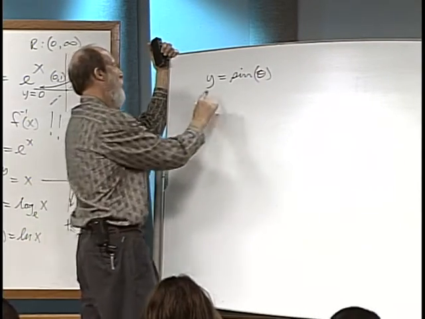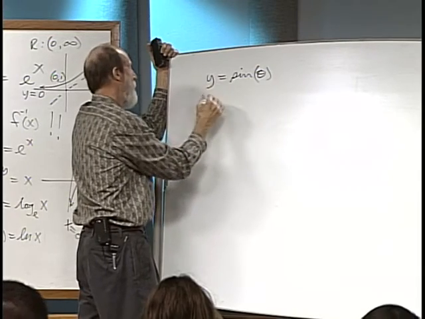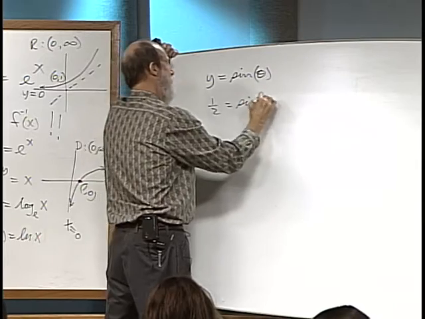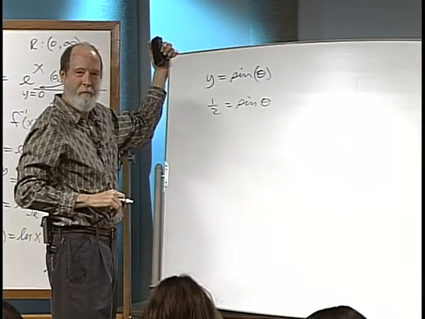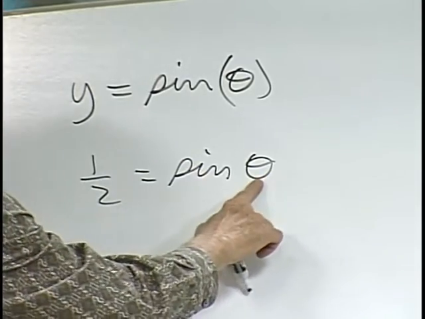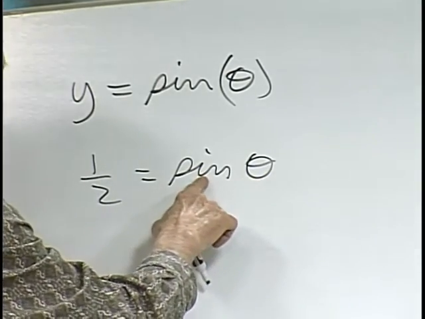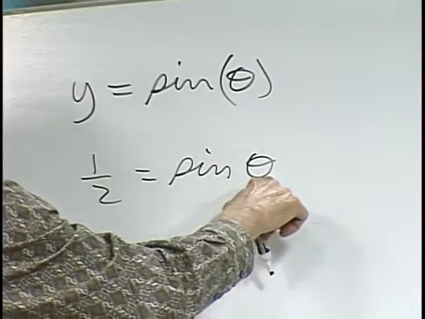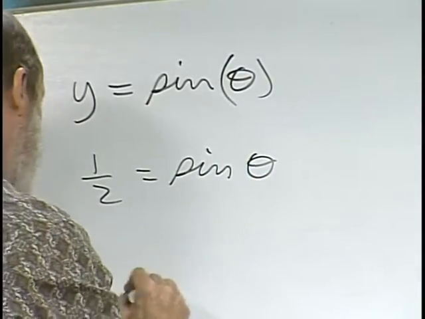And let's say I told you that y was, how about 1/2? What we need to find out is we need to be able to answer this question. We need to be able to undo the sine process of the angle theta so that we can write this as theta equals.